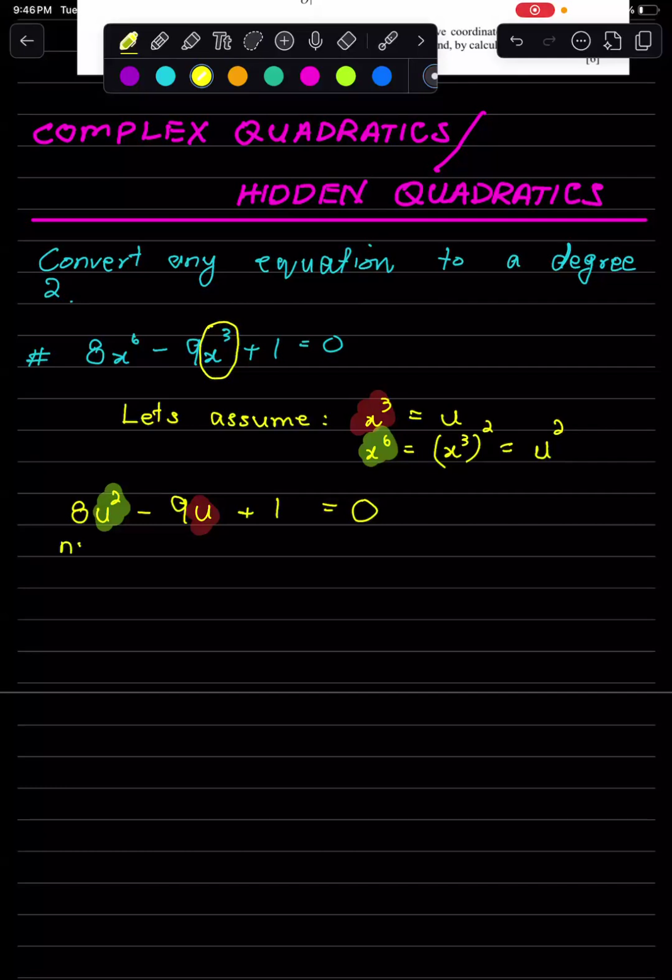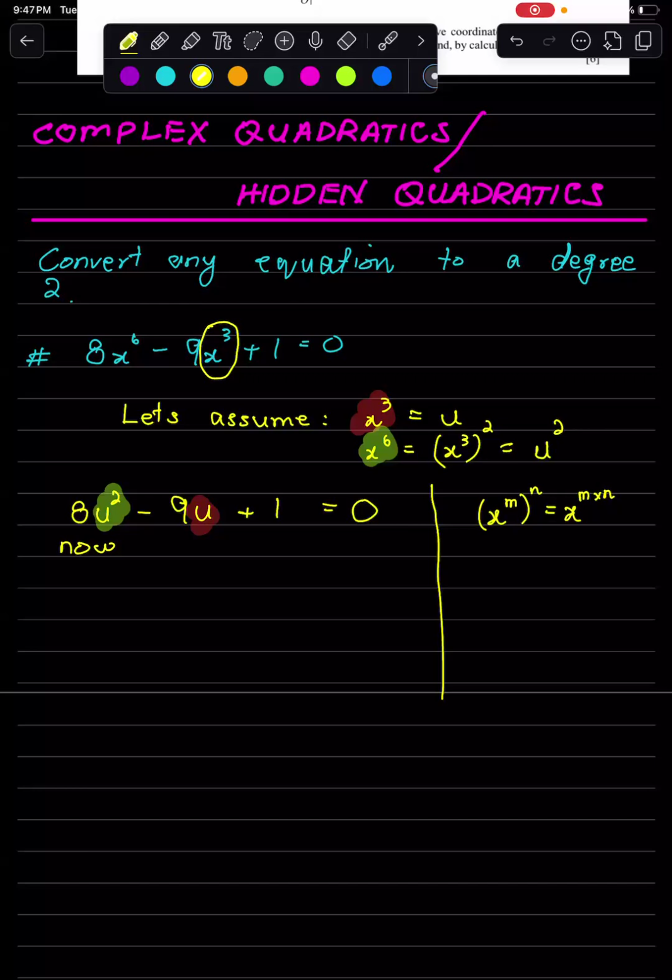Can you explain how x to the power 6 becomes x cubed and then that becomes u to the power of 2? Why 2? So here, x to the power of m whole to the power of n, according to the rules of indices, can be written as x to the power of m into n.